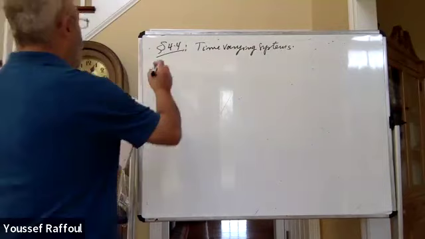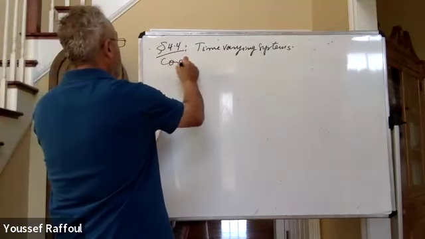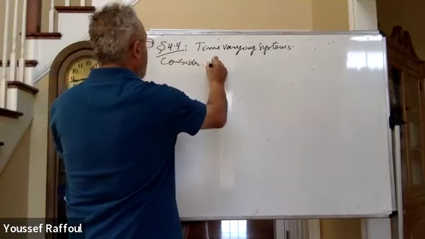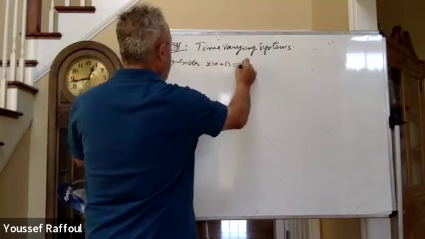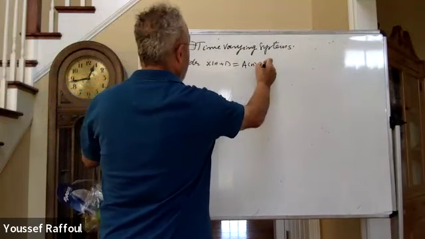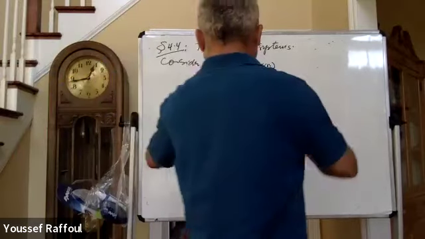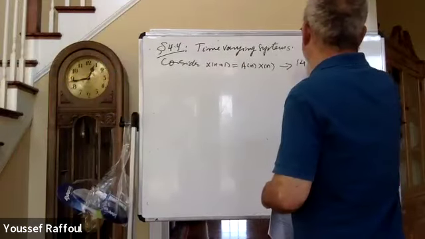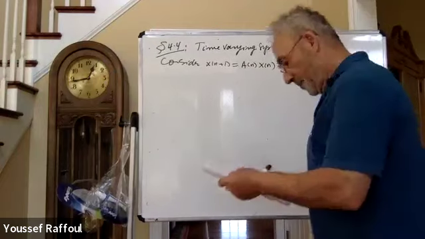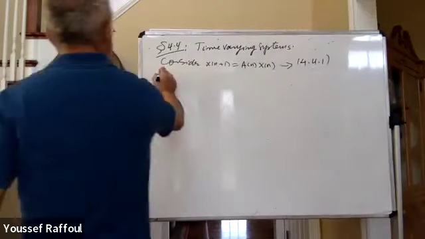So basically, we're going to consider x_{n+1} equals A(n) x_n, and we're going to call this 4.4.1. So that is a system.